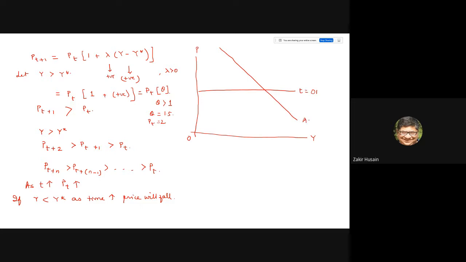So this is the aggregate demand curve. So what is the price? This is the price. Now suppose your supply curve shifts a little, t is equal to 2. What is happening to price? Price is going up a little.